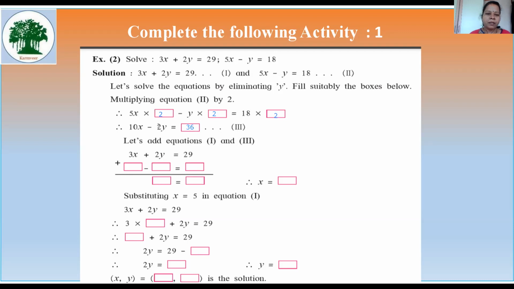If we observe the coefficient of y in the first and third equations, we see that they are opposite numbers. That is, the coefficient of y in the first equation is positive 2 and in the third equation is negative 2. If we add opposite numbers, we get 0. So we eliminate y here.